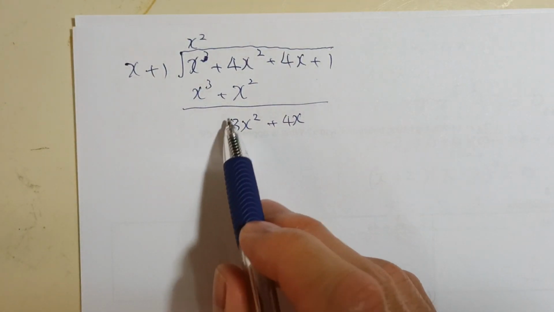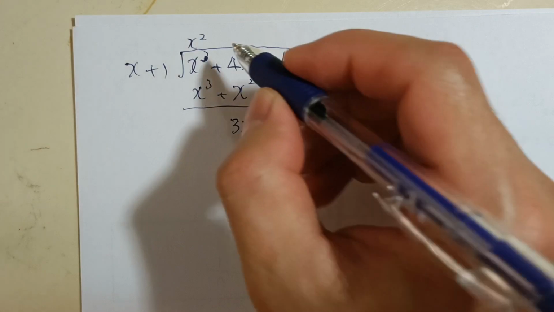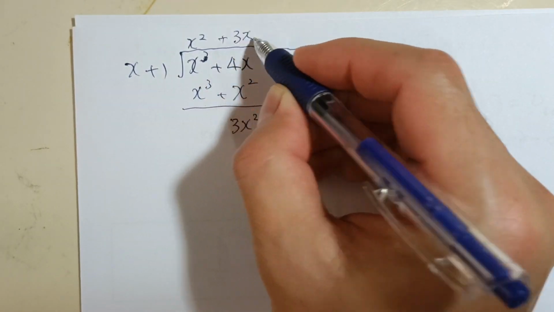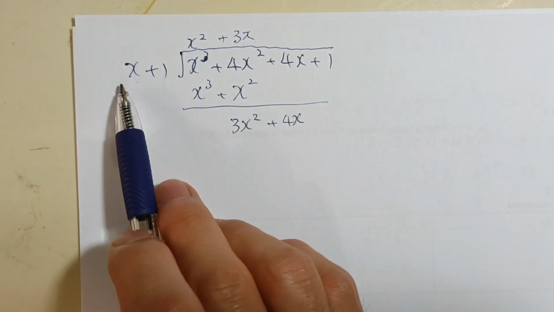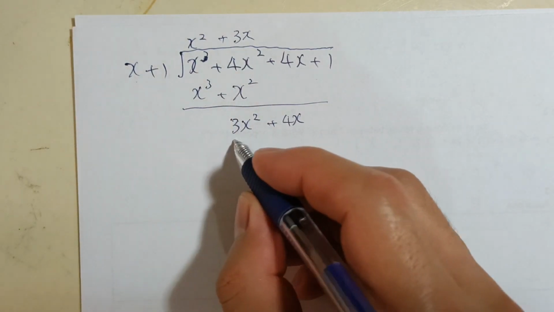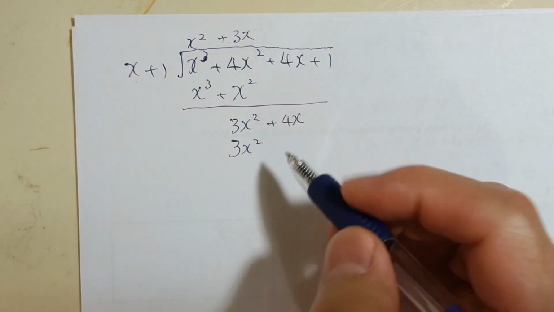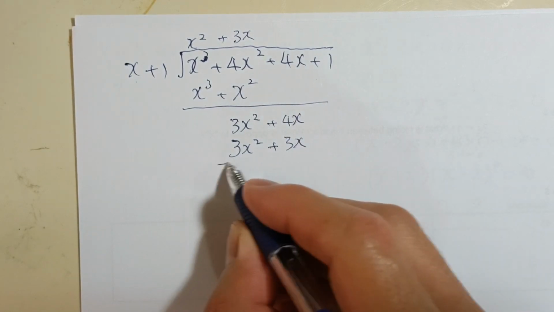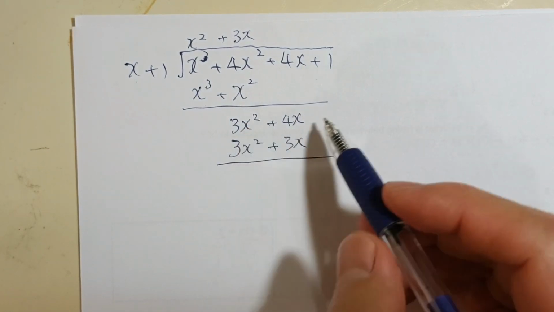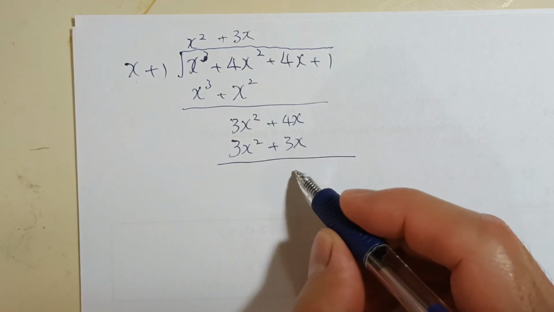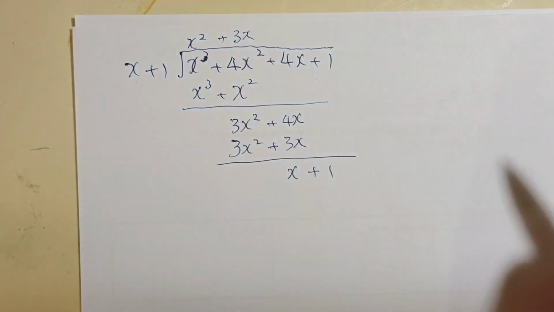Then to get rid of this one, you times by 3x to here. x times 3x is 3x squared. 1 times 3x is plus 3x. This one cancelled. 4x take away 3x is x plus 1.